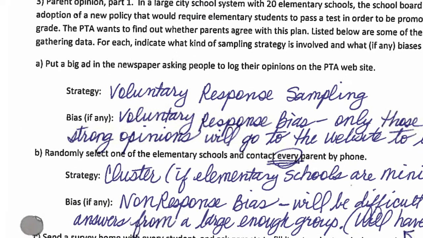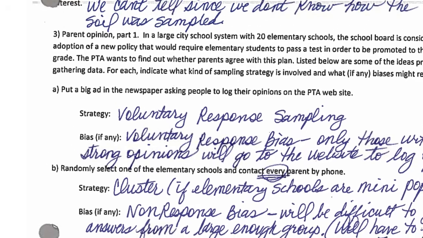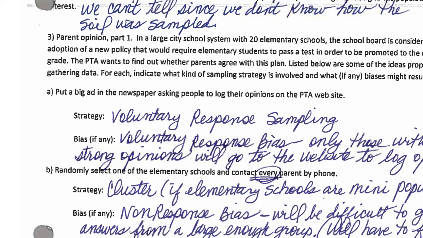Let's go ahead and move on. Number 3. This one is going to be similar in format to your quiz, because the quiz will give you a situation and then ask you to identify the strategy and then the bias. And I want to give you a word of warning. If your answers do not match mine, don't panic, because on many of these I can see multiple possibilities, but the key is you better justify your answer.